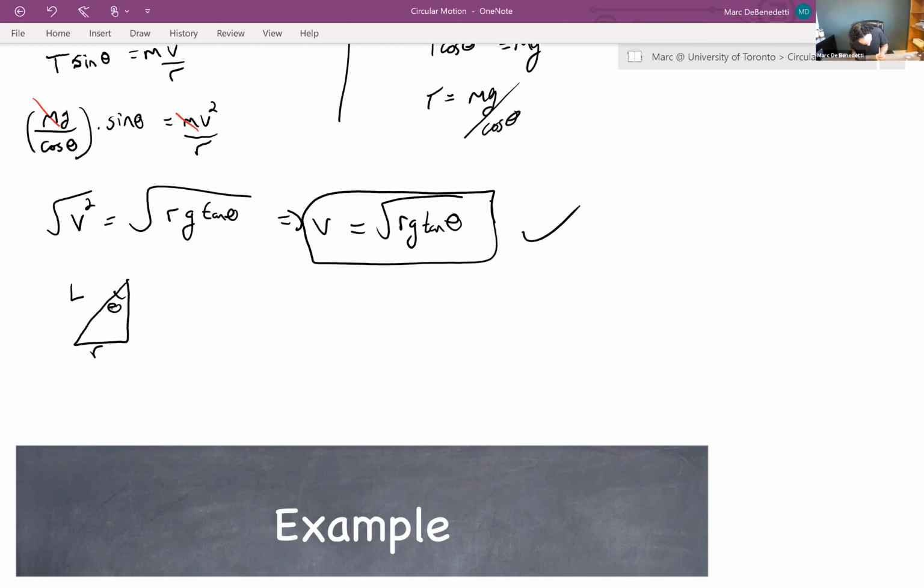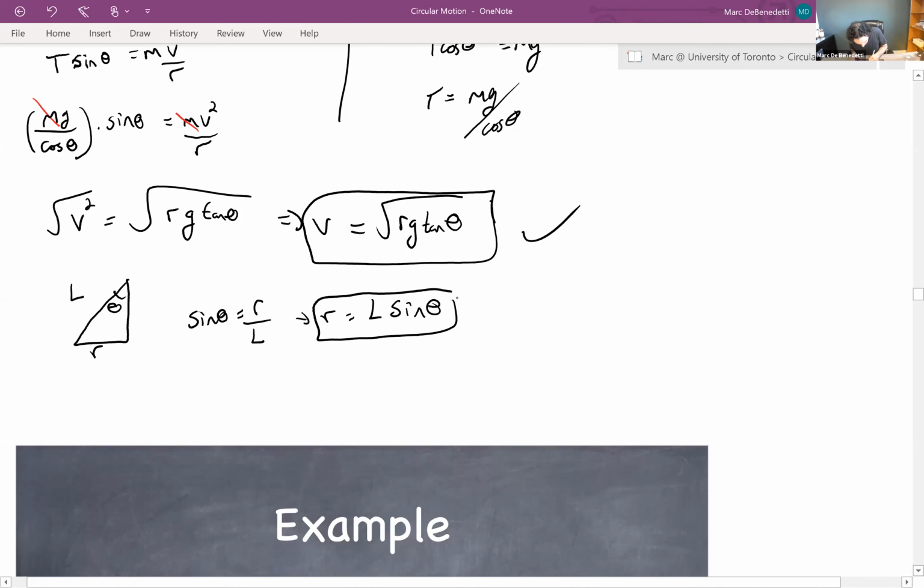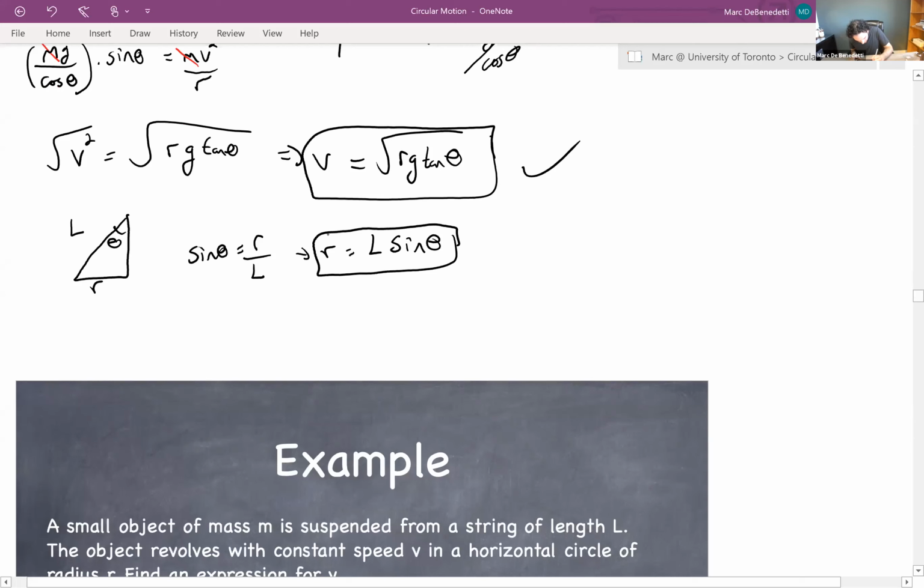So we can say sine theta equals opposite over hypotenuse. So we know that R is equal to L sine theta. We can go back and plug this in. So V is going to equal, instead of R, I'm going to write L, so this is going to be the square root of L g sine theta tan theta.